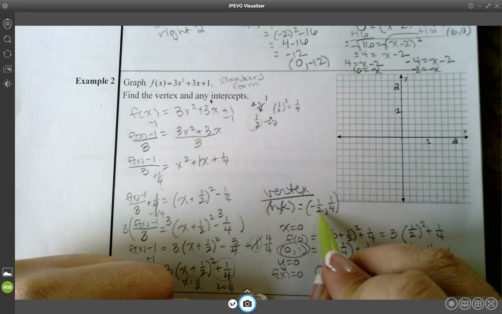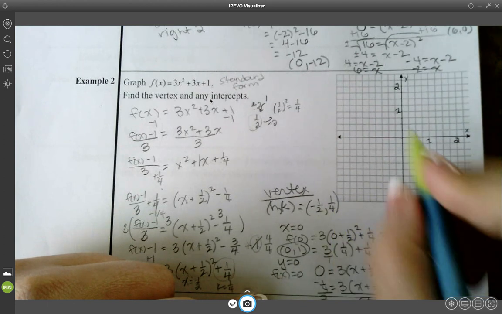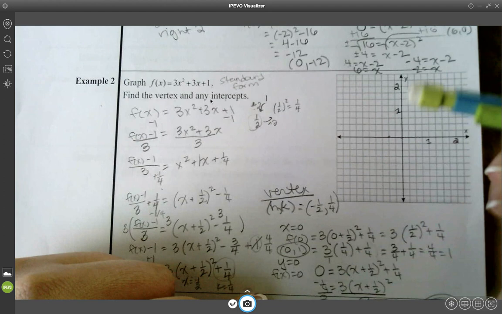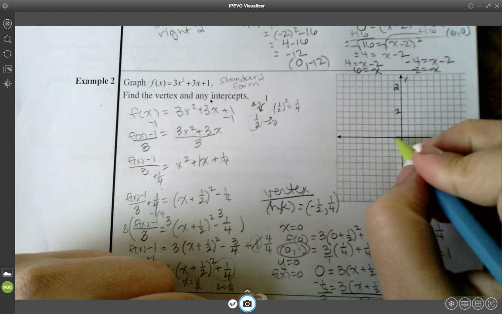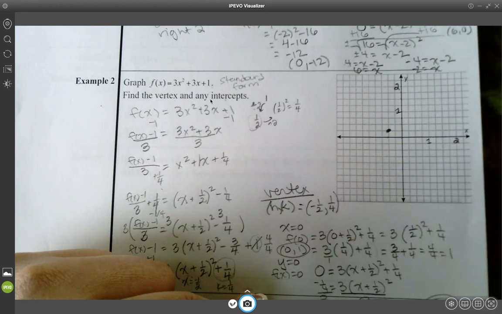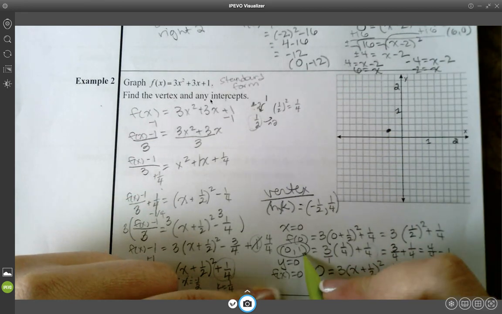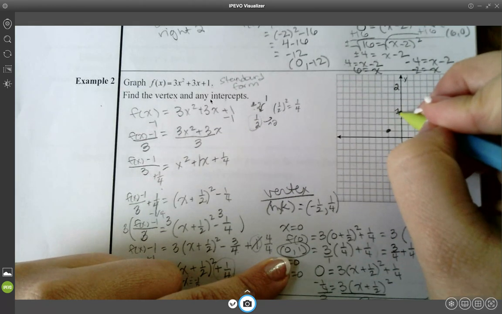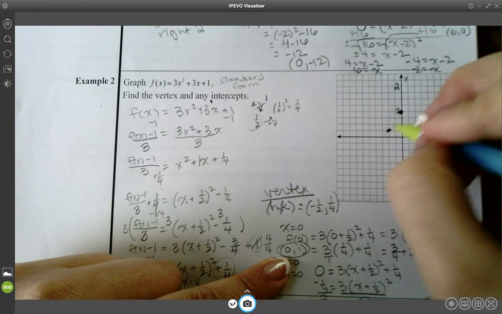So to graph the point (negative 1/2, 1/4), we go negative 1/2 over, and then up to 1/4. So there's my vertex. To graph the point (0, 1), 0 x, 1 y. And then remember the symmetry of a parabola.